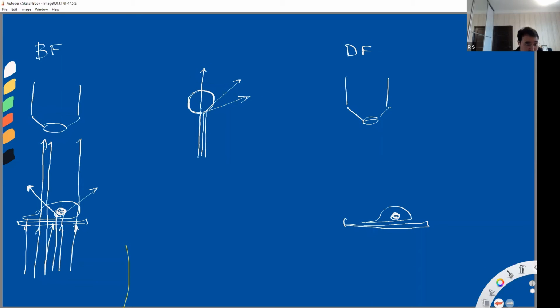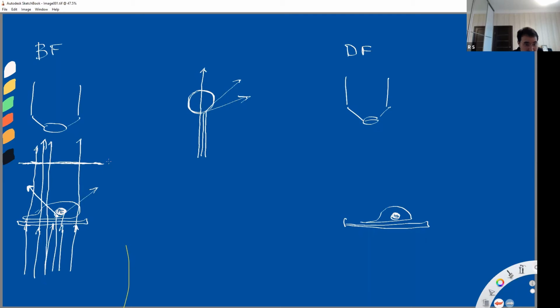So again, on the picture, you will see the same. Some of the light will go through, and we actually see this part of the image, the cut of these light rays.